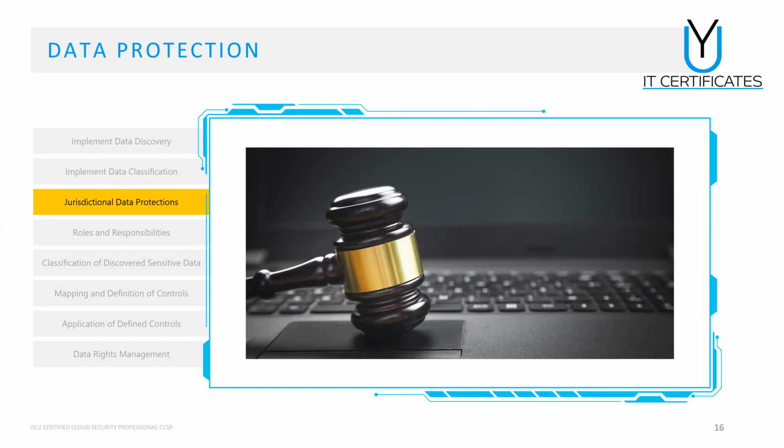Jurisdictional data protection. This concept, my friends, is very, very important. I want this to be in your mind. You will hear about this many times during the cloud evaluation and the cloud service provider evaluation. Why?